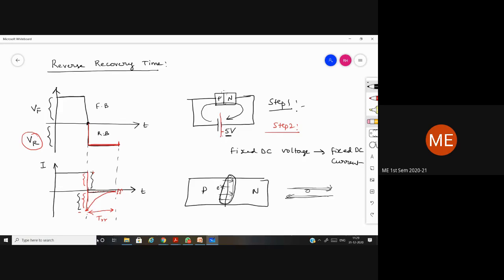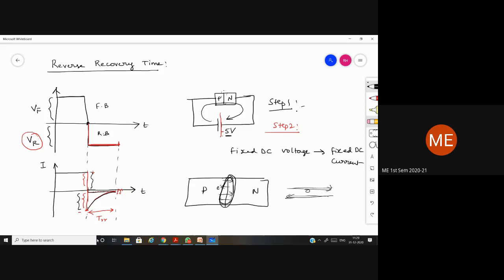When one by one the electrons start decreasing, that means when the traffic clears, the junction becomes free. In the same way, when the charges are clearing from the junction area, slowly the current starts decreasing.